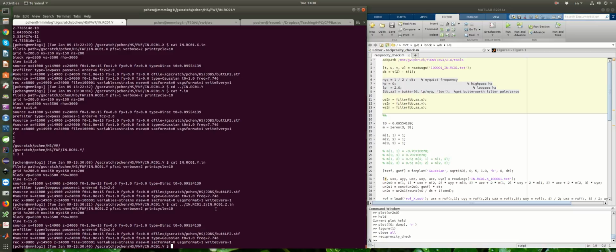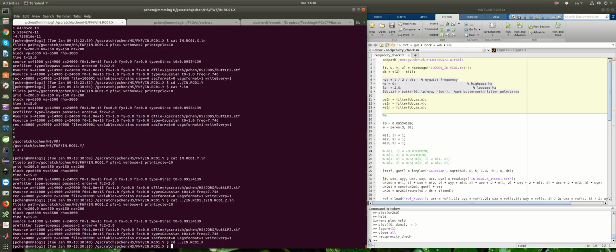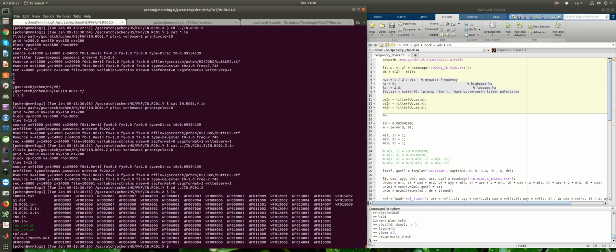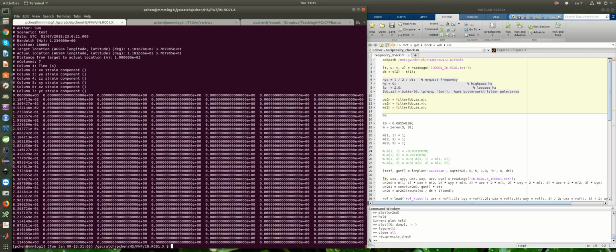And then if I look at the output file, it is going to be stored inside this particular file. Because I specified the strain, it's going to give us 7 columns.